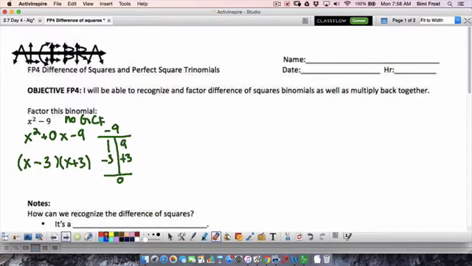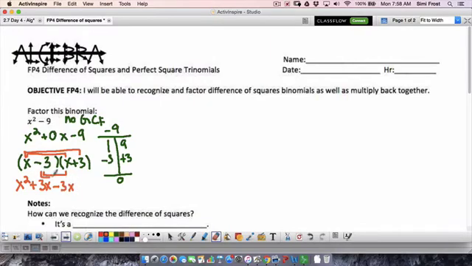I'm going to multiply it out really quick to see what happens in the middle. Does that middle term get canceled out? So I'm going to multiply my front two terms together, and I get x squared. I'm using FOIL. My outer two terms give me a positive 3x. Inner two terms, negative 3x.